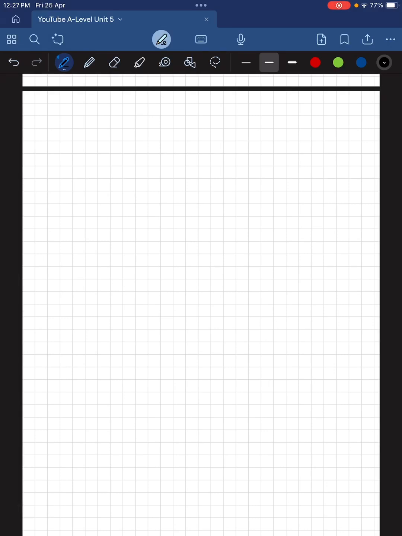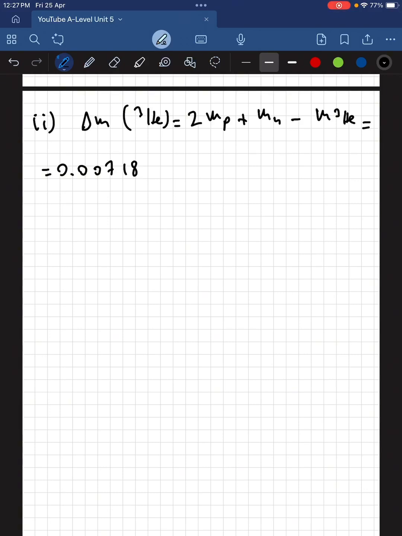and let's see one more thing that I find important. The mass deficit for helium-3 is 2 times the mass of the proton plus the mass of the neutron minus the mass of helium-3. That is equal to 0.00718 u. So the binding energy, which is delta M times c squared, is 6.721 MeV.